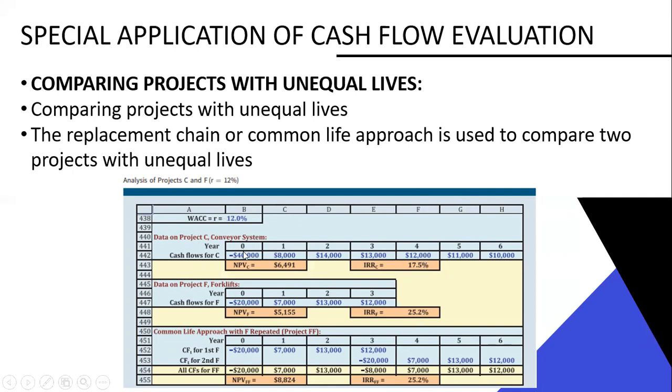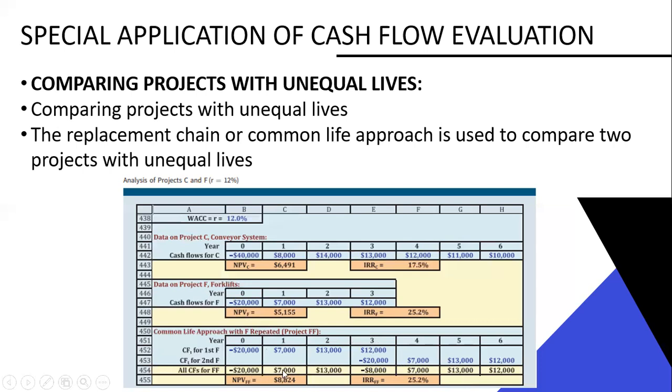So let's say you are comparing project C with project F. C is a 6-year project and project F is just 3 years. Well, what you do is you double this up. You take project F, you take exactly these cash flows over here, and you presume that this project is going to happen twice. So in the 3rd year, the project will start again.